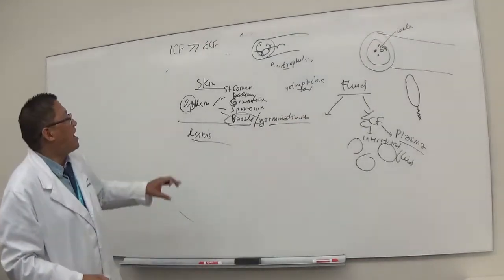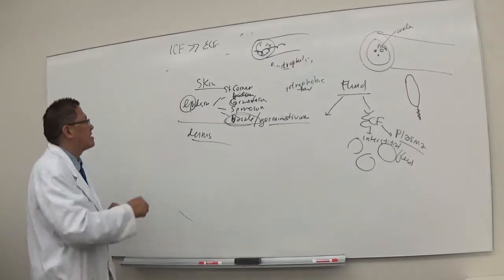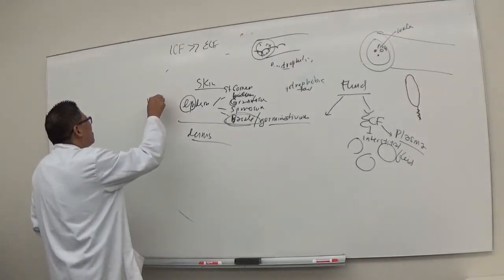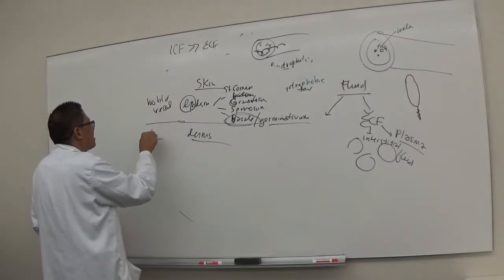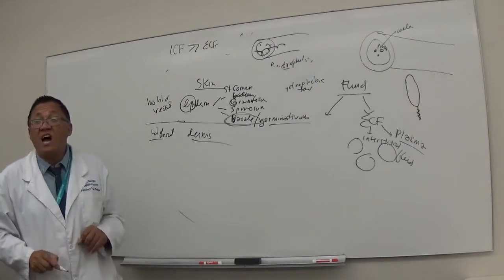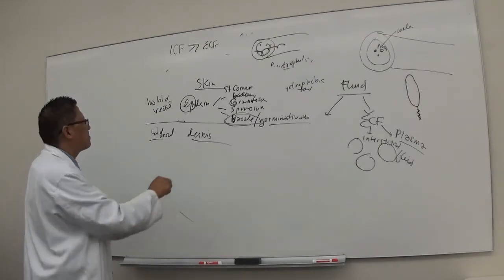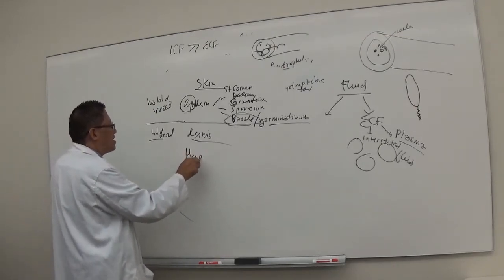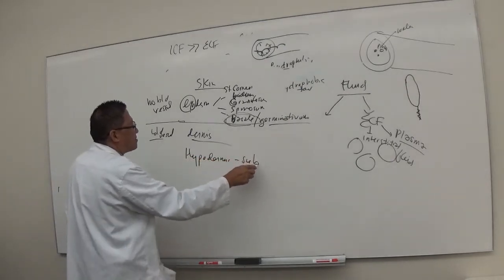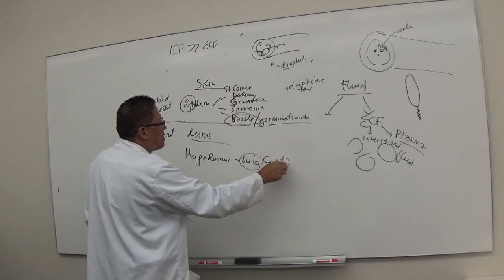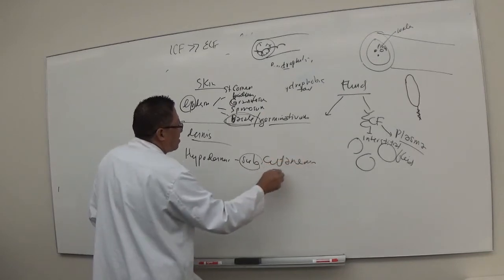Now, do you find blood vessels in the epidermis? Where do you find the blood vessels? In the dermis. Now, what is found below the dermis, which is not part of the skin? Hypodermis. What's another name for hypodermis? What does sub mean? What does cutaneous mean? Skin.